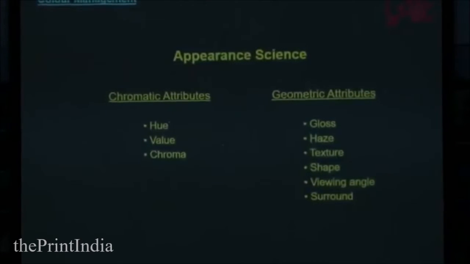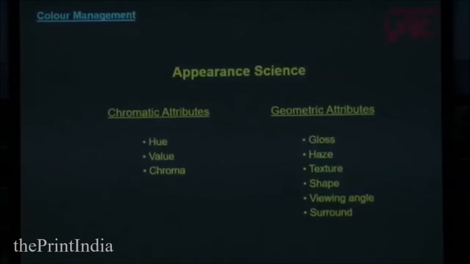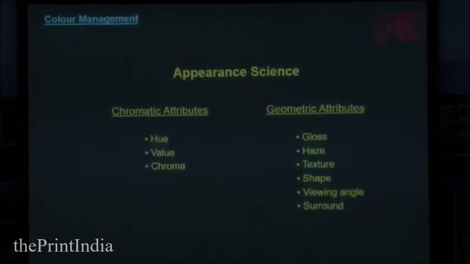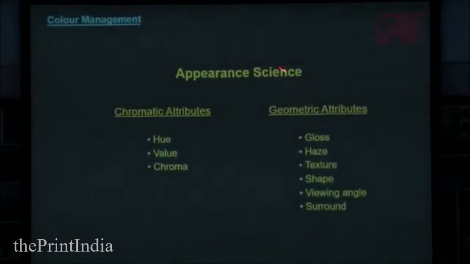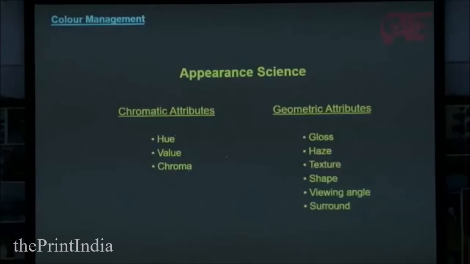Then in spite of doing all this, sometimes the color will still appear different because color is ultimately only in your eye. So if two colors are the same, but if one is coated, UV coated, that color may look slightly different.